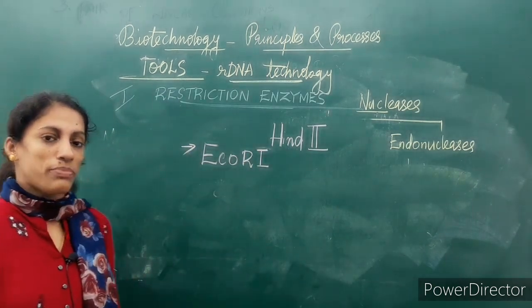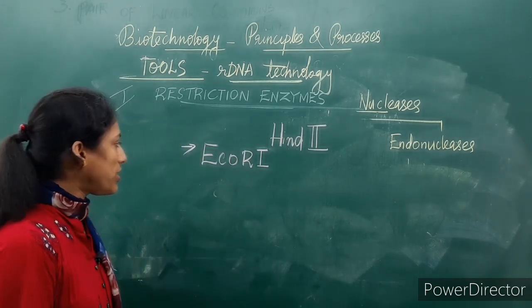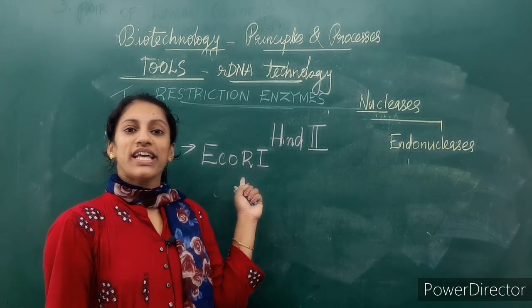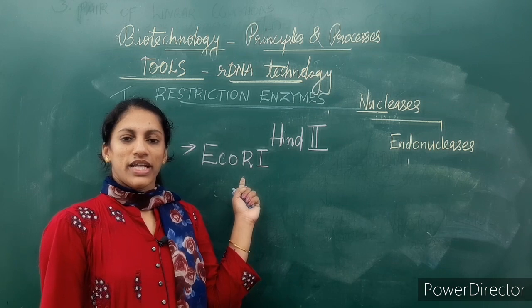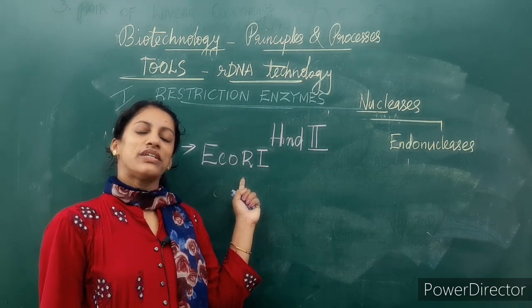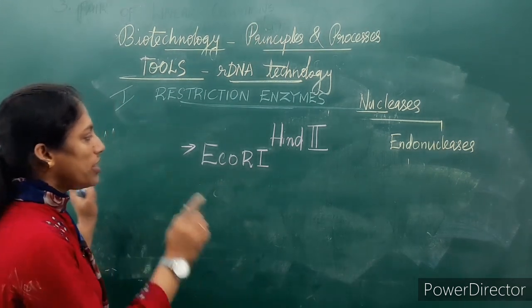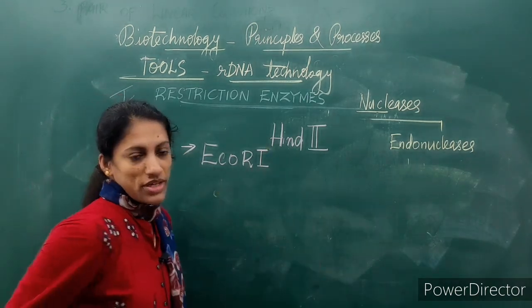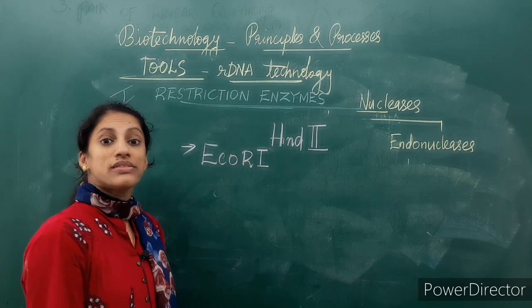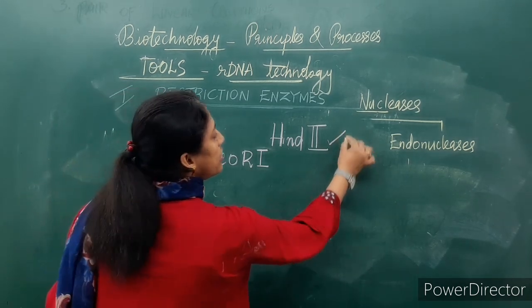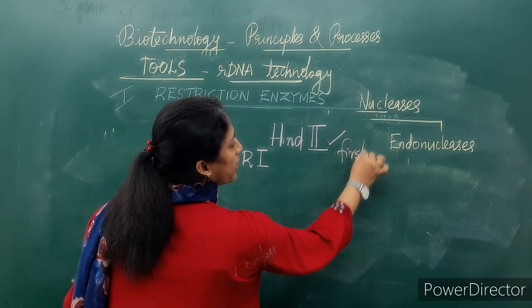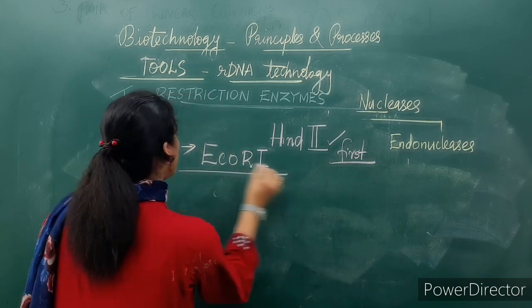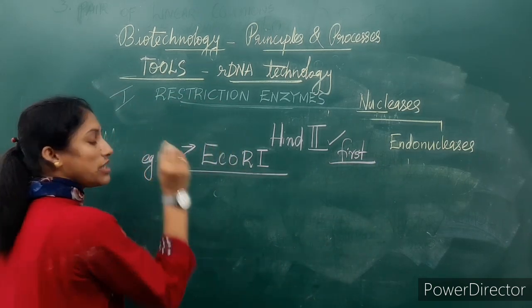Escherichia coli is the most important, very common experimental material, and this is a restriction enzyme obtained from the Escherichia coli bacterium. So let us discuss how the restriction endonucleases are named.